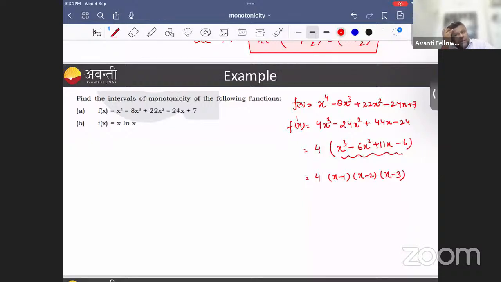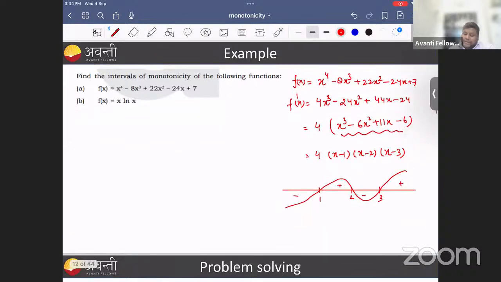4 times (x minus 1)(x minus 2)(x minus 3). Now, again same 1, 2, 3 and make the wavy curve. Plus, minus, plus, minus. Got it? What are we looking for? Increasing. If we are looking for an increasing function, it means the interval where f dash x is more than 0.